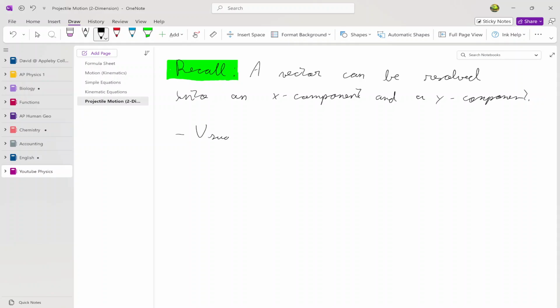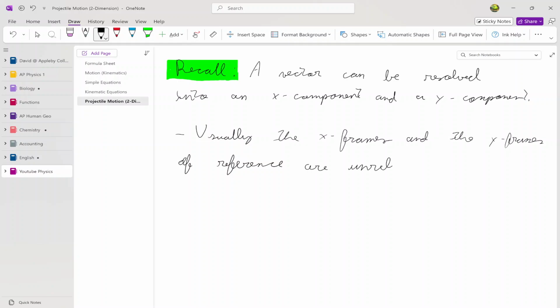Usually, and not always, by the way, the x frame and the y frame of reference from an object are unrelated. That means that they do not impact each other.